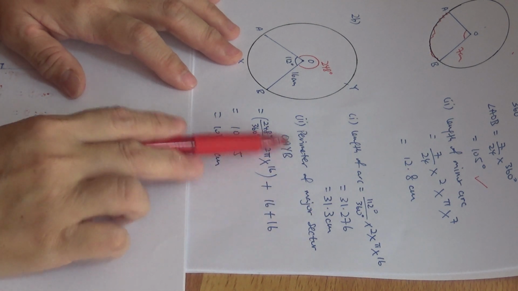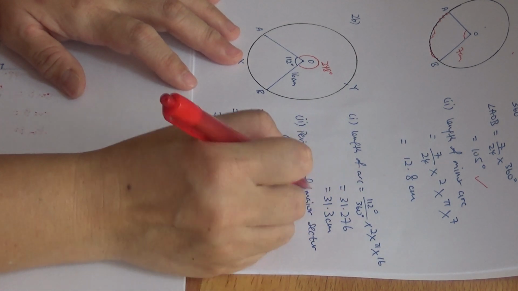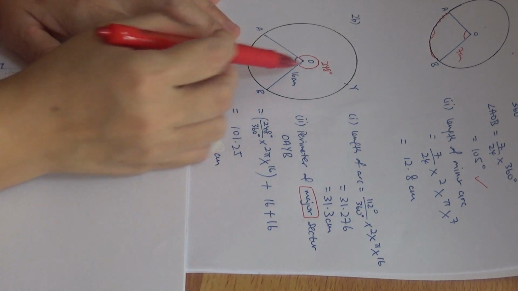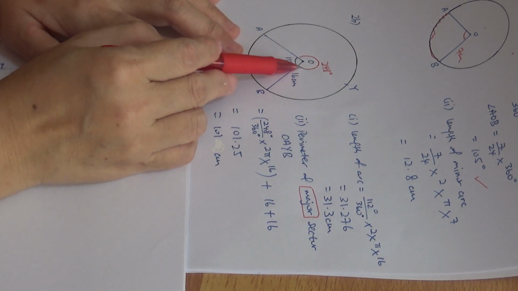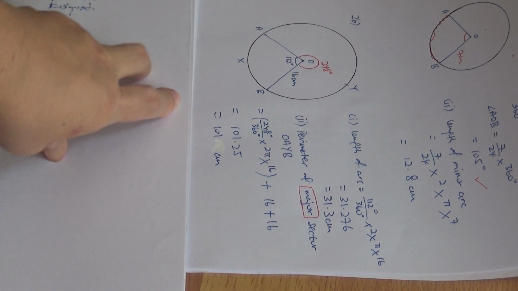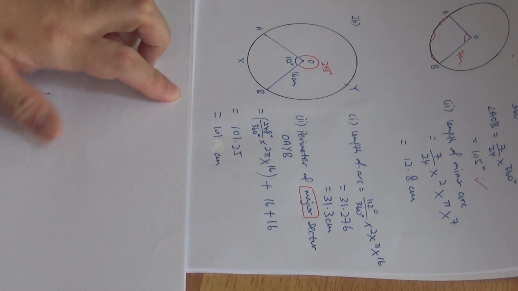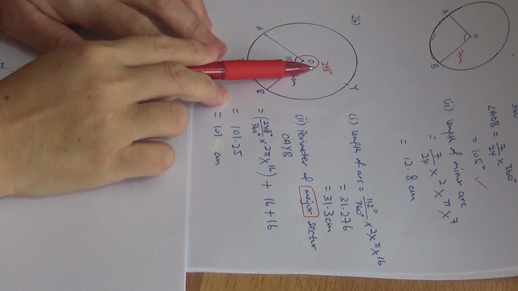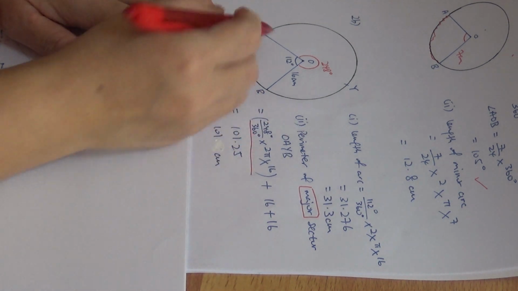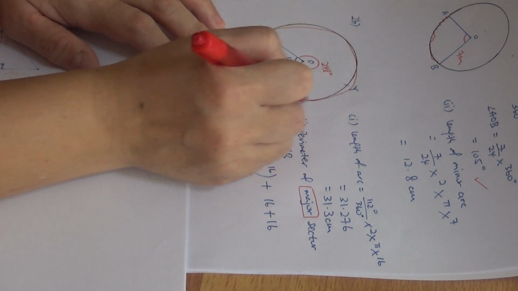Now, perimeter of major sector OAYB. Take note that the angle subtended here is actually 248. We get 360 minus 112, we get 248. So this particular part will give us the length of the major arc here.